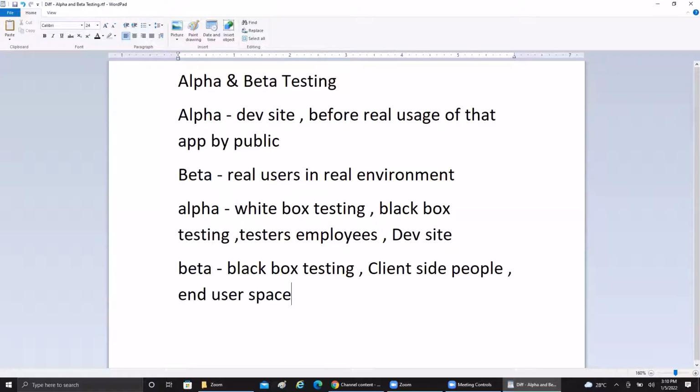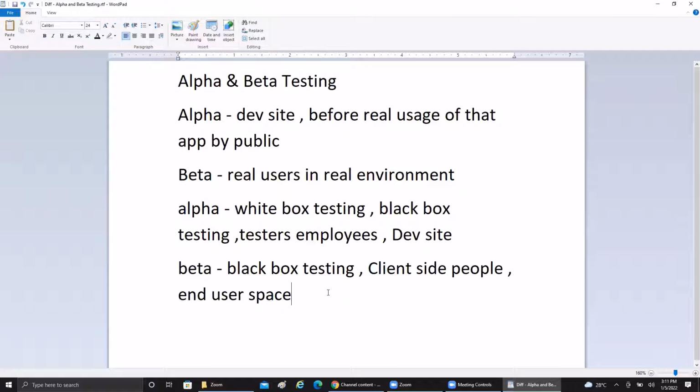Maybe they would have requested an ad hoc setup, like a third step verification for some huge transaction. So they will use it in a similar scenario in their existing environment and check whether that ad hoc functionality is working or not. Like that we can think. So basically alpha testing is performed at the developer side, and beta testing is performed at the end user space, that's the client space.